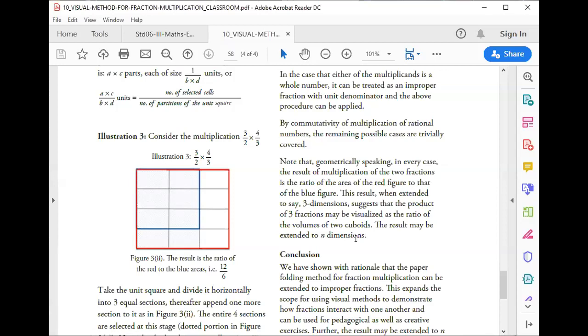But the moment you multiply with an improper fraction, they do increase. So that kind of sense needs to be built in, so that they don't form a misconception that whenever you multiply with a fraction, it always reduces. No, not necessarily. It depends on what you are multiplying.